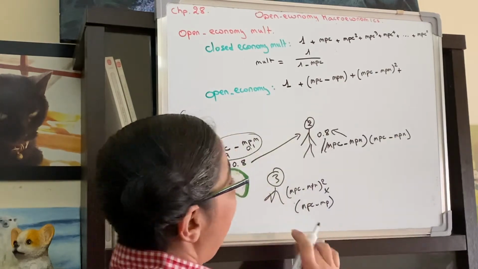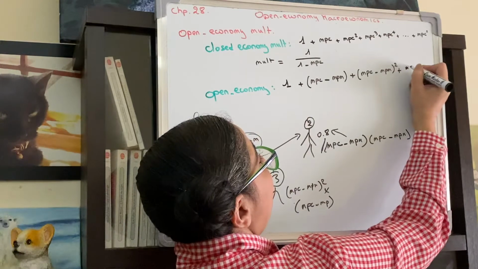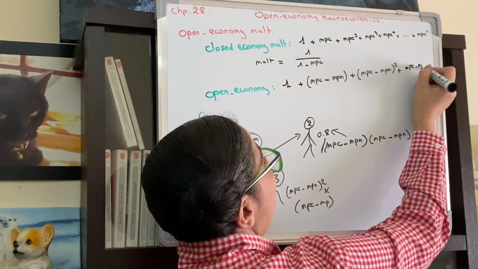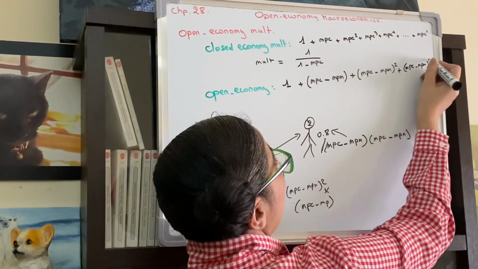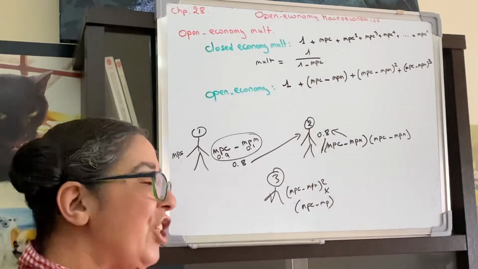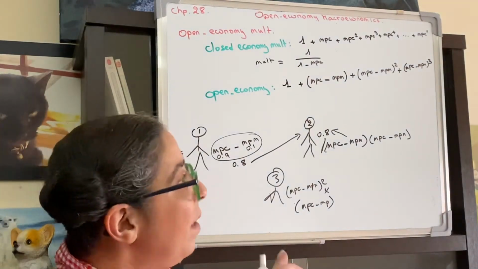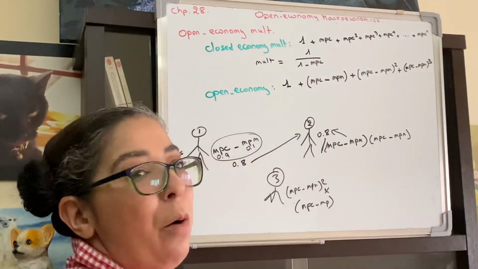So it's going to give me, in the change in GDP, plus MPC minus MPM to the cube. Okay? You got the idea. Each time we're going to have plus MPC minus MPM and you add to the power. Okay?